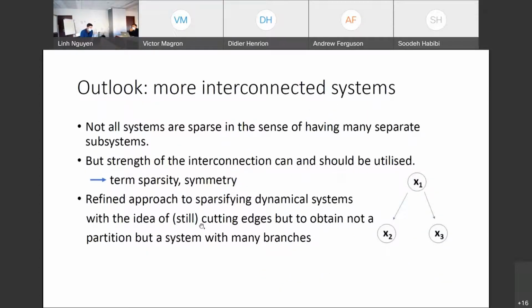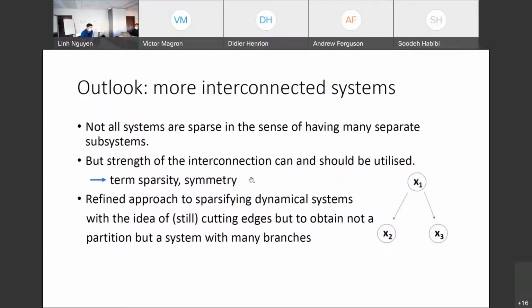Other possibilities could be to exploit term sparsity. We've tried this with Victor and G1. He did a lot of work there, and it seemed promising as well.